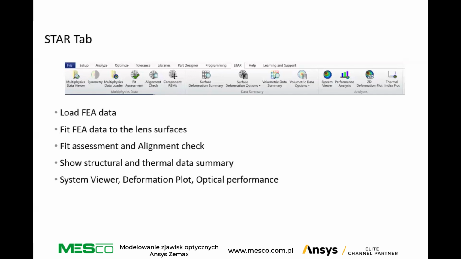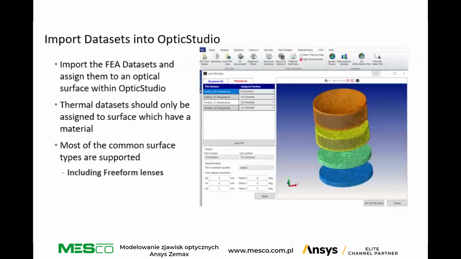That is the thermal and structural data that we have for all the surfaces and volumes in our system. And finally, we have some tools to view and to analyze the performance. I'm going to show you how to load this FEA dataset and how to assign it to our system.